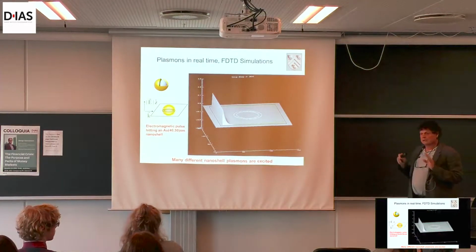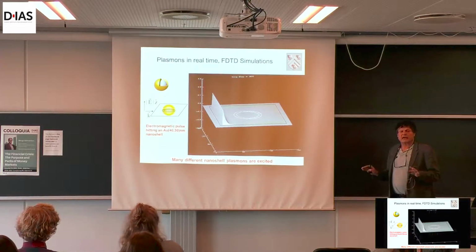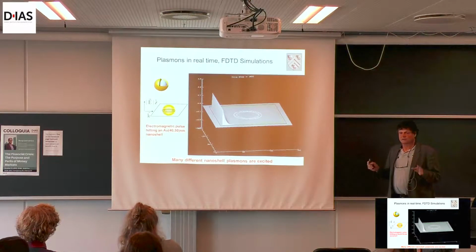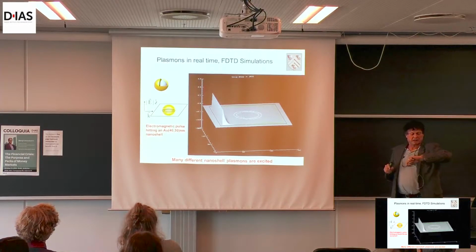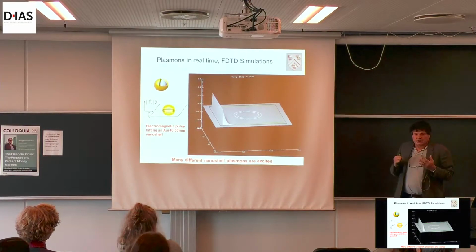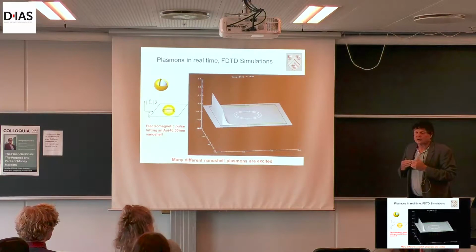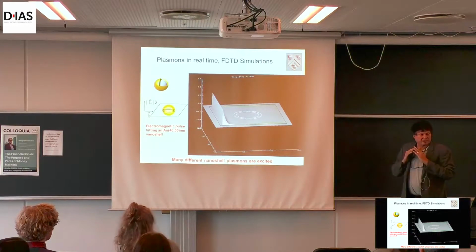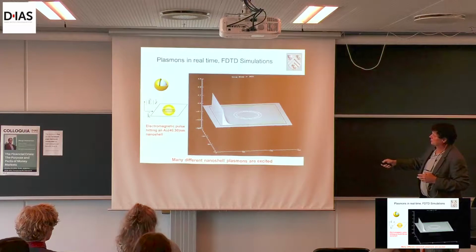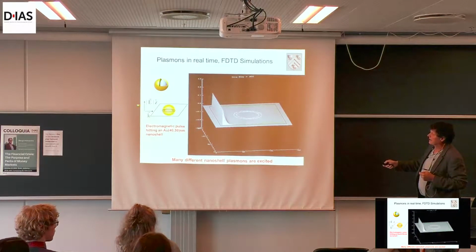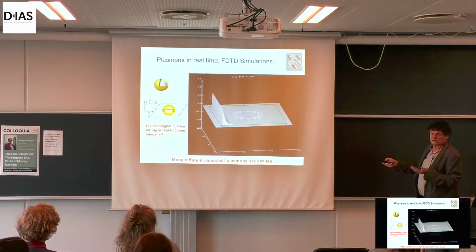Okay, so now I'm going to do a little bit more than an animation. I'm going to show you a simulation. This is something called a finite difference time domain simulation of the local electric field in a nanoparticle when you hit it with an electromagnetic pulse. I'm going to use a particular nanoparticle called a nanoshell that Naomi Halas invented, which consists of a dielectric circular core like silica, and then you have a thin metallic shell.